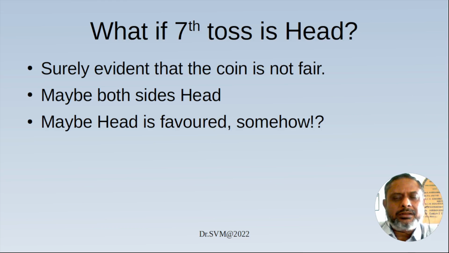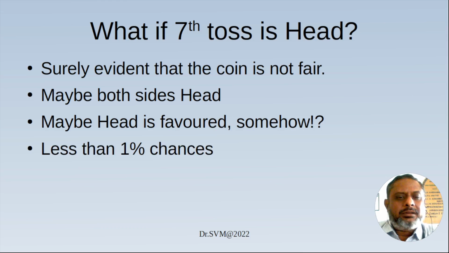I don't know how, but yes, it is possible that the head is favored all the time. So whatever it is, one thing is sure, that being less than 1% of chances can make us believe stronger that the coin is not fair.